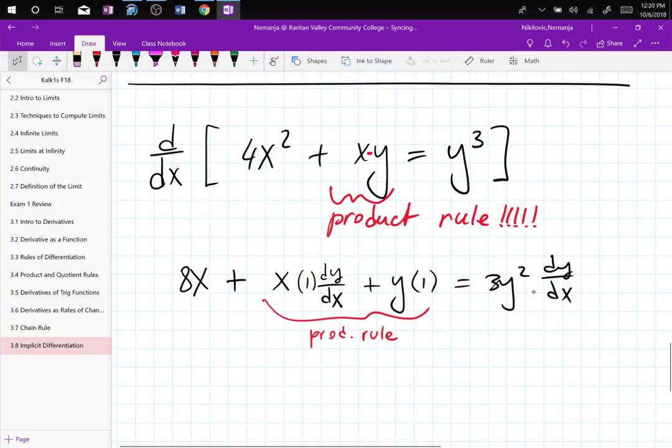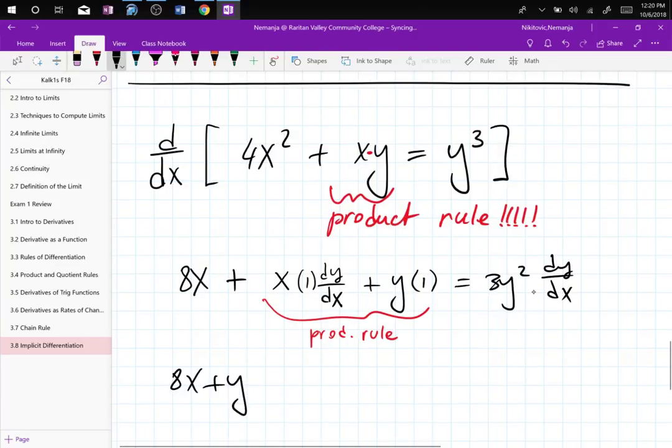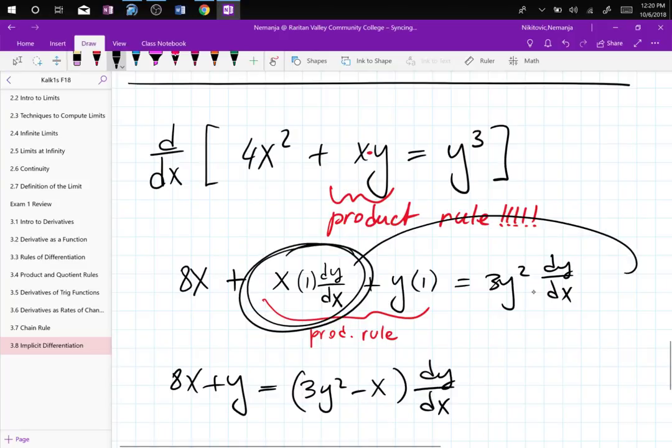So now everything with dy dx goes on the left. Everything without dy dx goes on the right. So I'm going to actually have 8x plus y stay. On the other side, I have 3y squared minus x as I factor dy dx, right? Because this term goes there as a negative x dy dx.